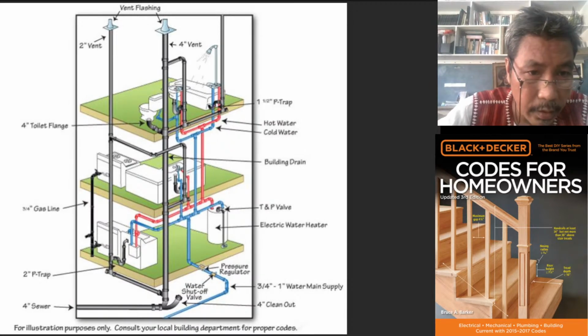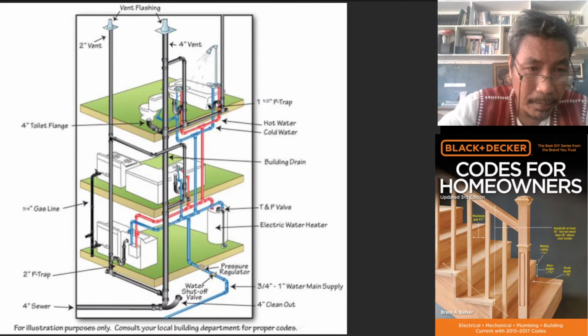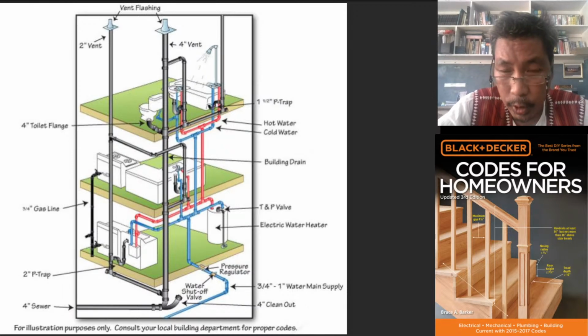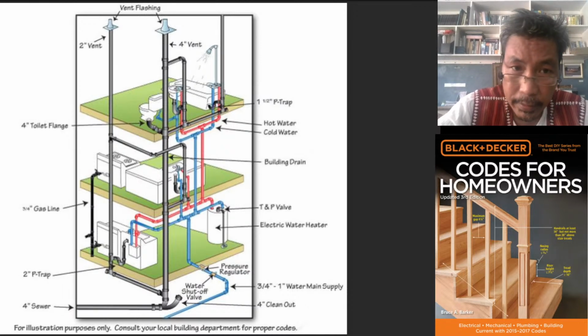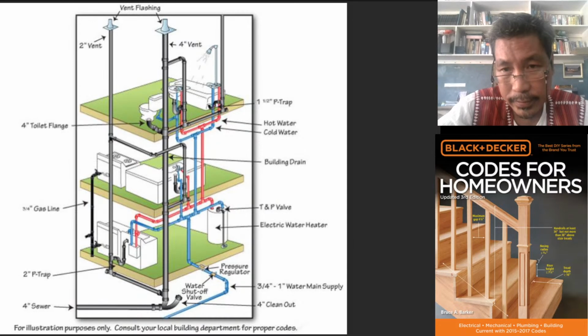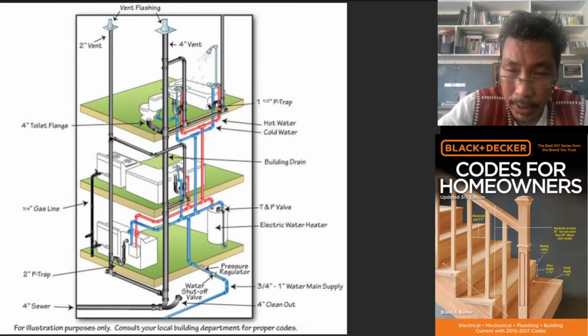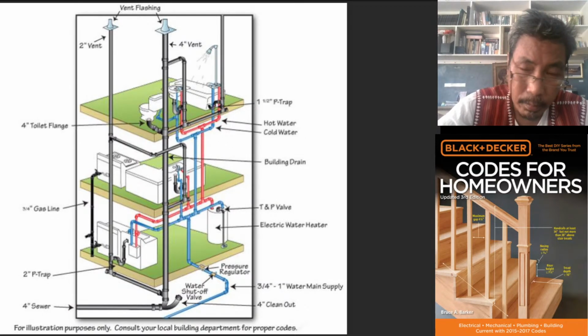Okay, so this is actually a good example of the isometric plan. It is a required document when we are going to submit a plumbing plan for building permit.